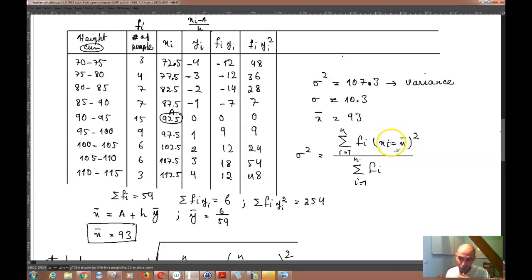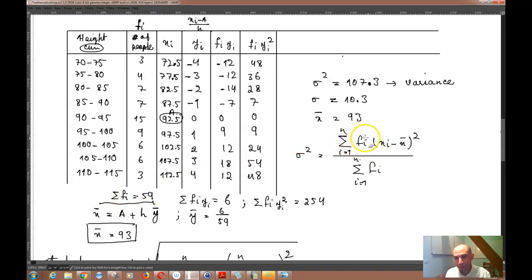We have raised each of those numbers to the second power, multiplied by f of i, which is the frequency of each of those observations, and then we have added all of those numbers together. Once we have added them, we have divided that by the whole number of observations, which happens to be, for example, 59 here, to take the mean of that.